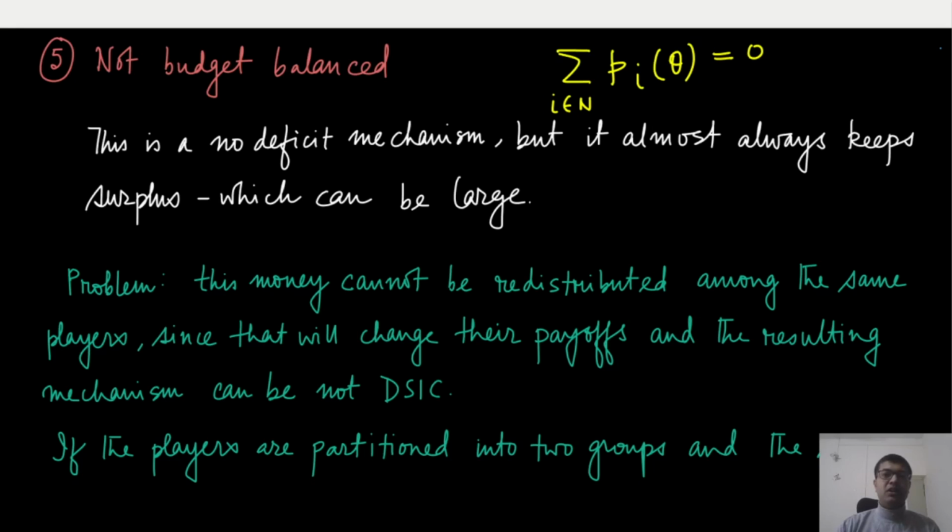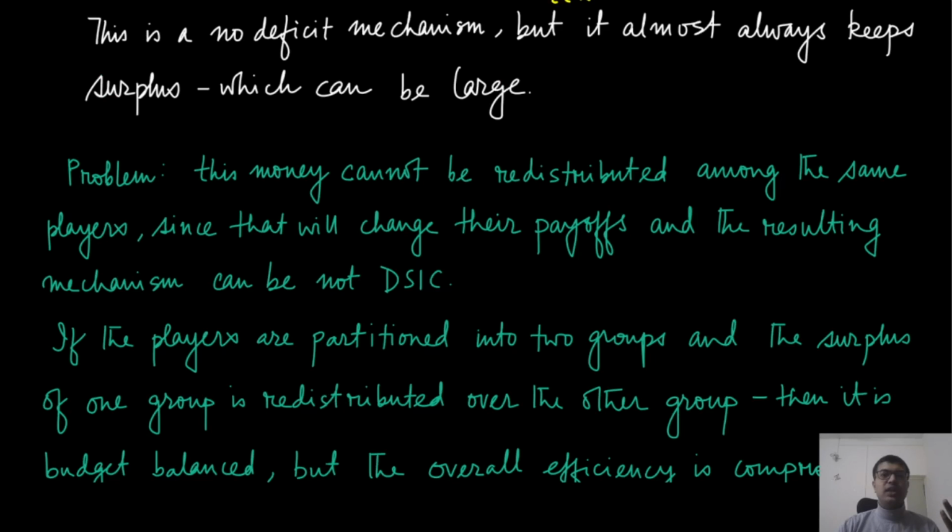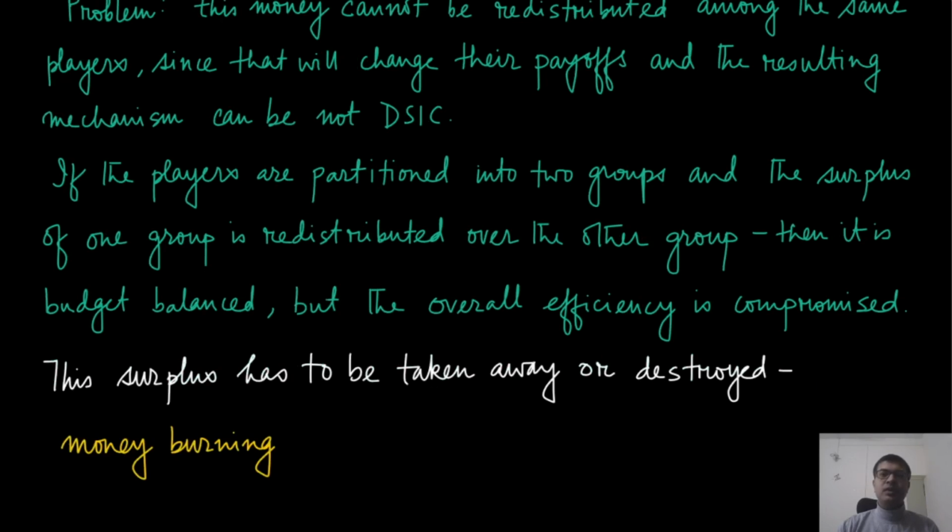You can of course partition these players into two different classes. So let's say partition 1 and partition 2, and you run a VCG mechanism in partition 1. Whatever surplus is collected, you redistribute it to the players in partition 2, and you do the reverse. This is going to make the mechanism overall budget balanced, but the allocation that you are doing might not be efficient.